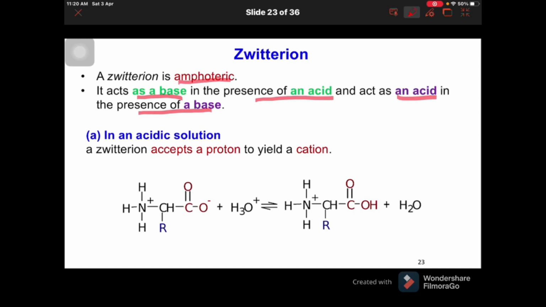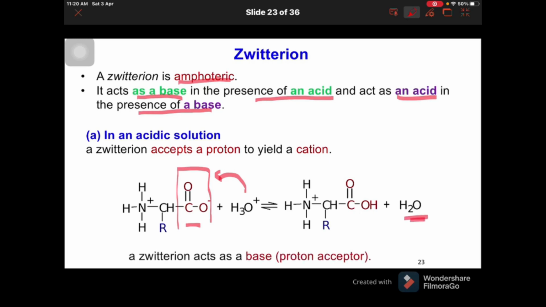The carboxylate ion will receive one hydrogen ion to form C double bond OH, and the byproduct is water. A Zwitterion acts as a base, as a proton acceptor.